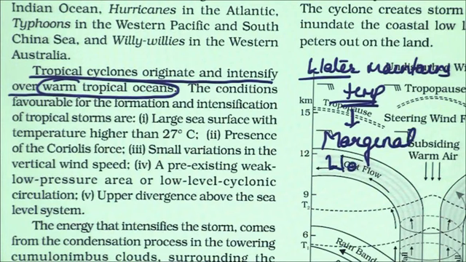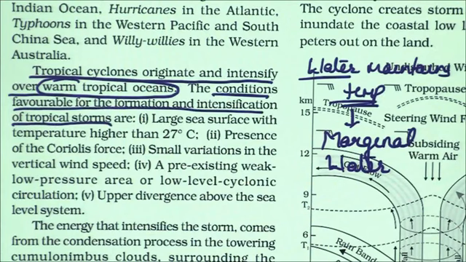Because it will only be in marginal water that we will develop the desired temperature conditions. And what are they? Let us see. The conditions favorable for formation and intensification of tropical storms are, number 1, large sea surface temperature higher than 27 degrees Celsius. It will typically be confined only to marginal water.